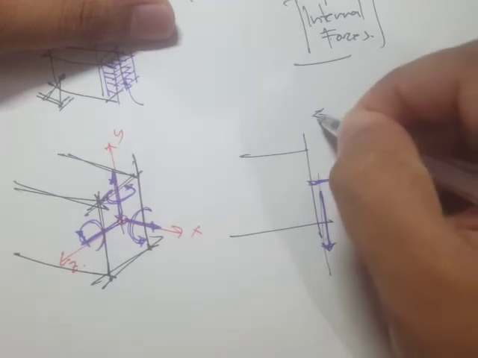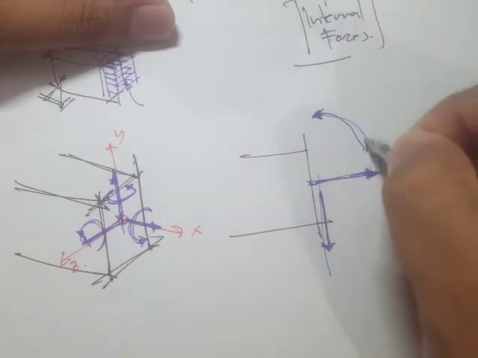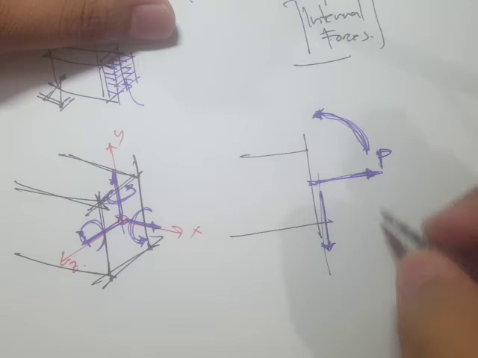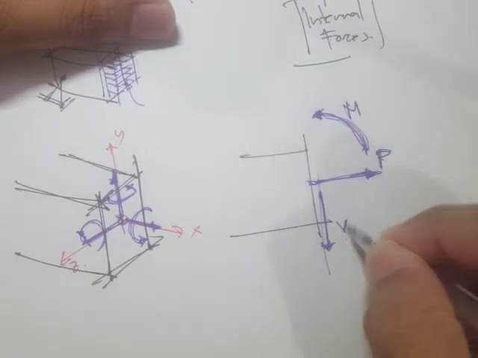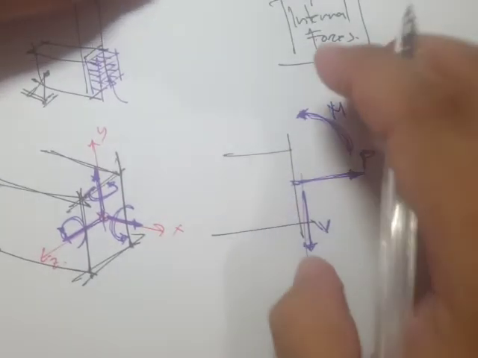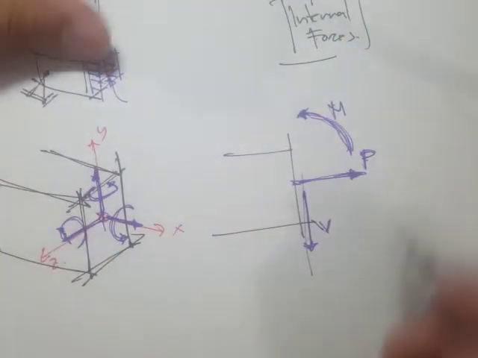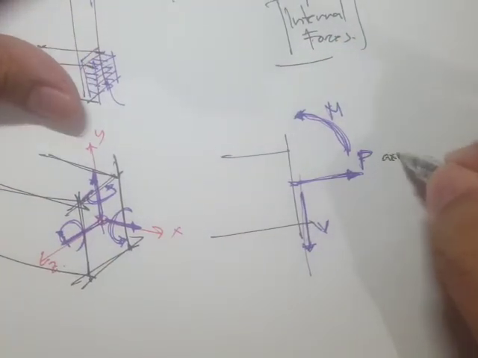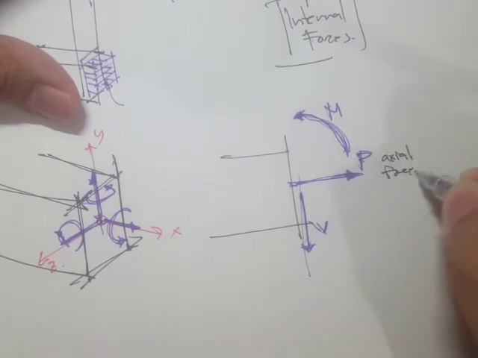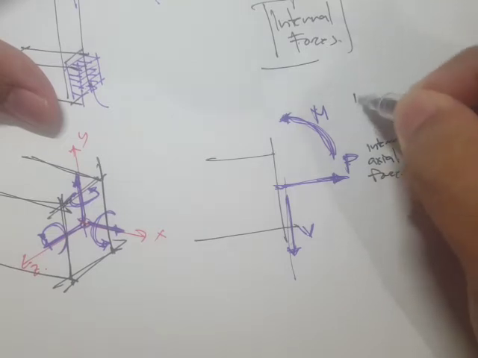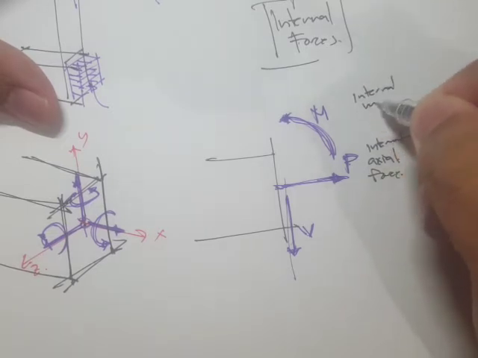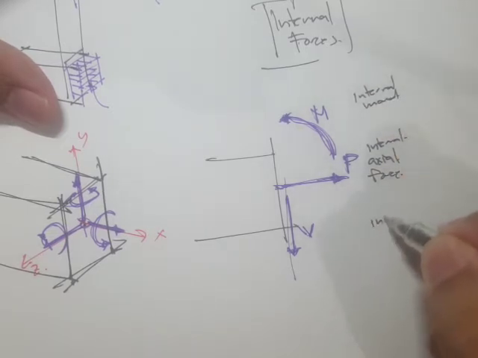And we can also have a moment along the z direction. So this one is P, this one is M, and this one is V. These internal forces are termed: this is the internal axial force, this one is the internal moment, and this one is the internal shear.